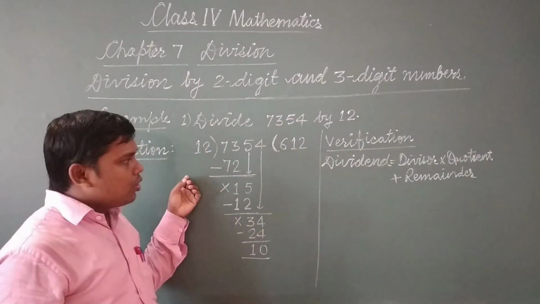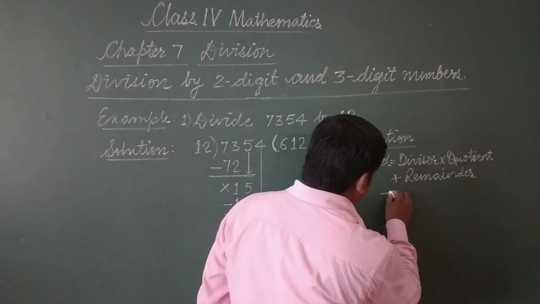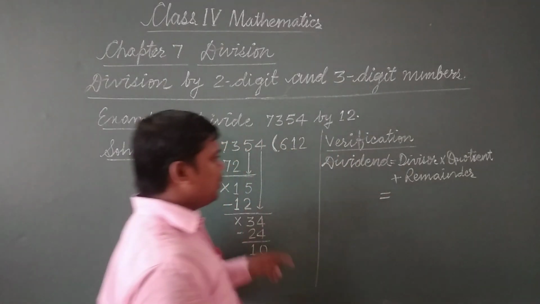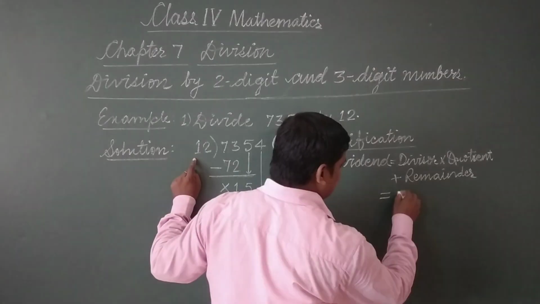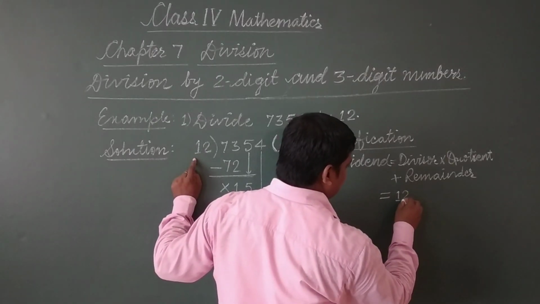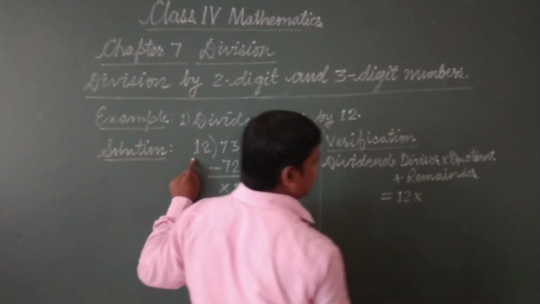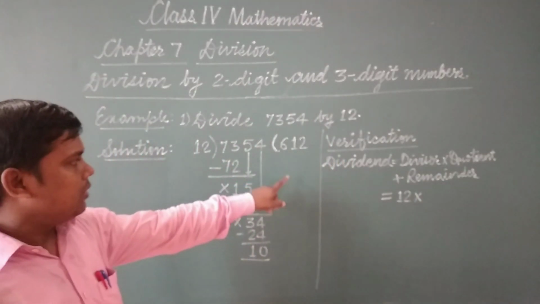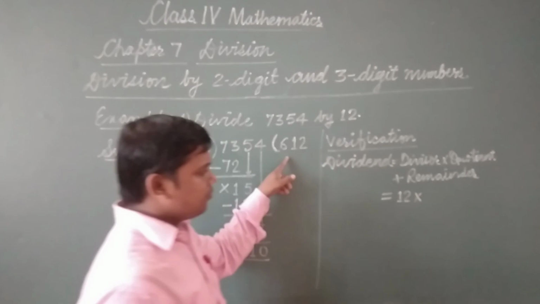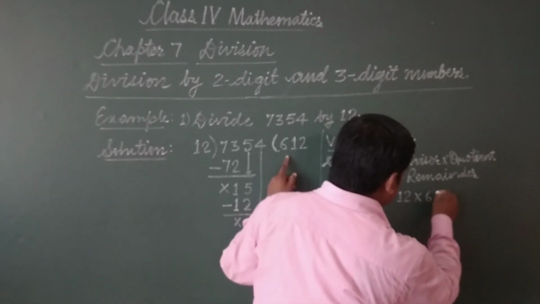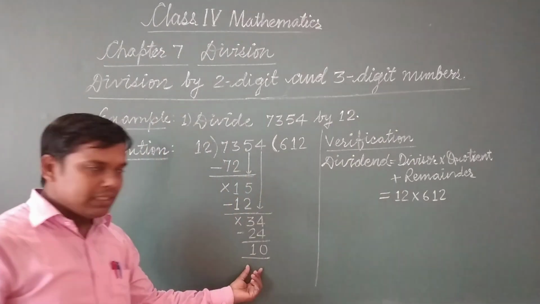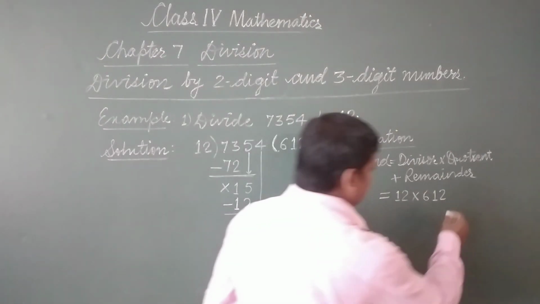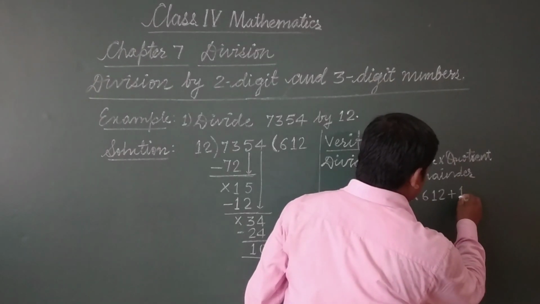So here is equal to, we have divisor 12, so we write here 12 multiplied by, we have quotient 612, so we write here 612 and we have remainder 10, we write plus 10.